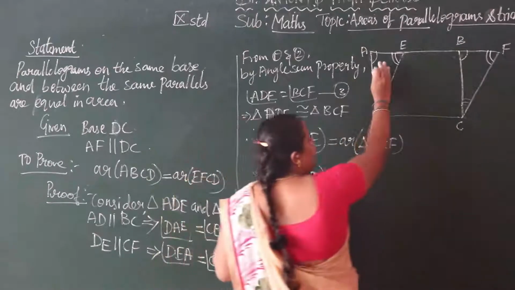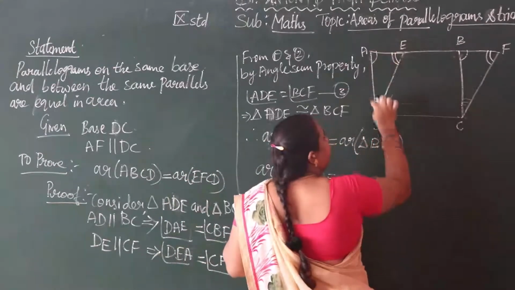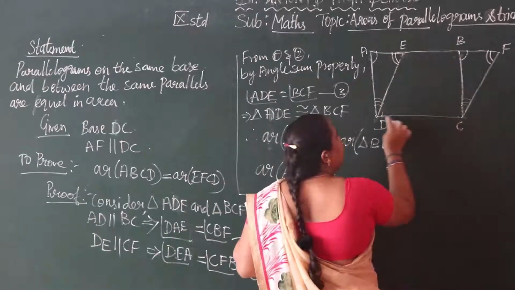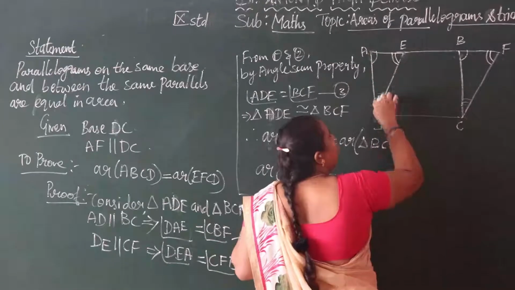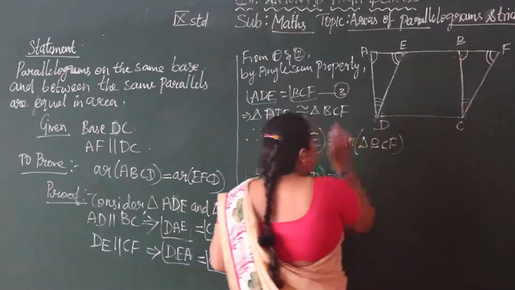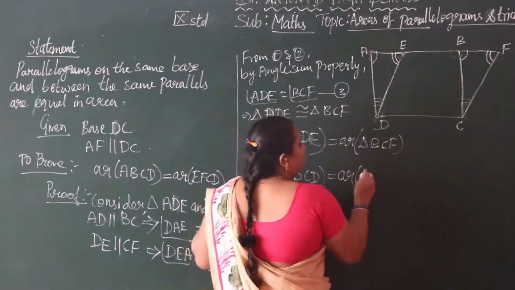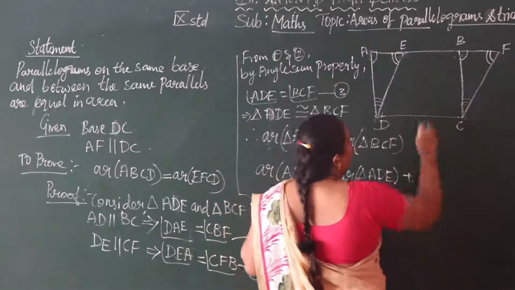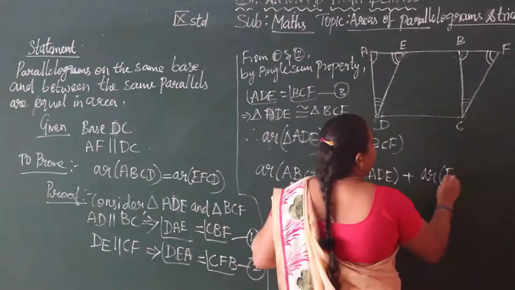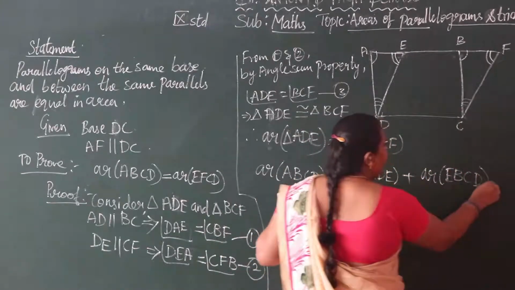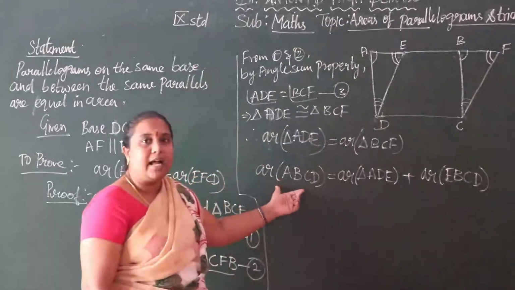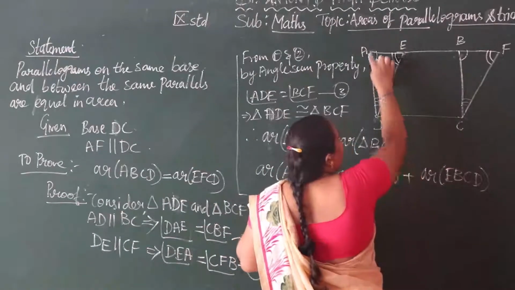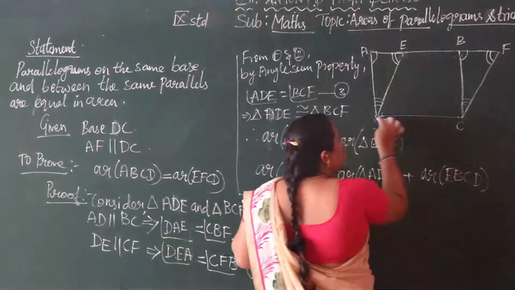We have to divide this into two parts: area of triangle ADE plus area of EBCD. So here we write area of parallelogram ABCD as area of ADE plus area of EBCD.